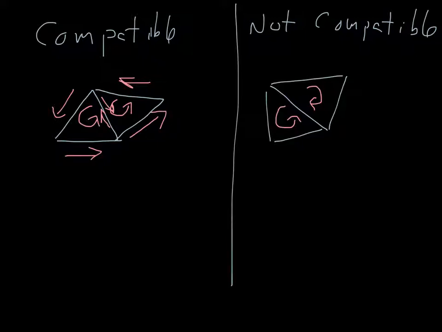So even though this arrow inside the face, these guys look like they're going in the same direction, if you look here at this shared edge, this right face is going down and the left face is going up. So these two faces are compatible. And so if all of the faces in a triangulation of a surface are compatible, that means the surface is orientable.